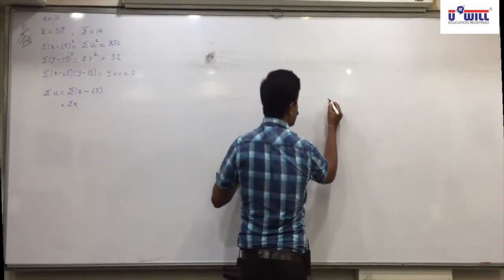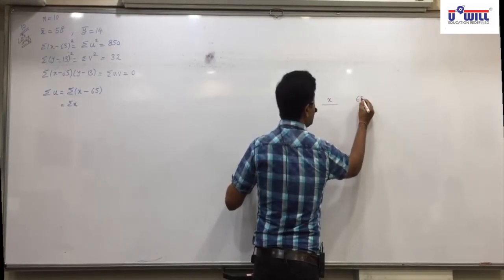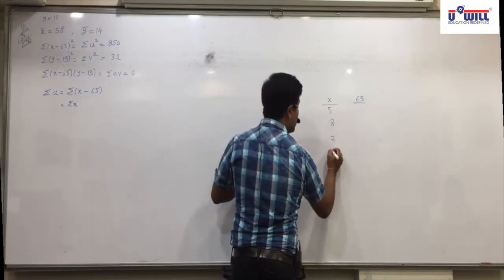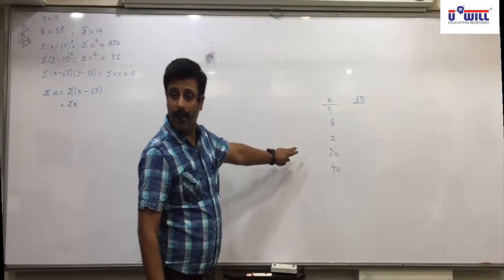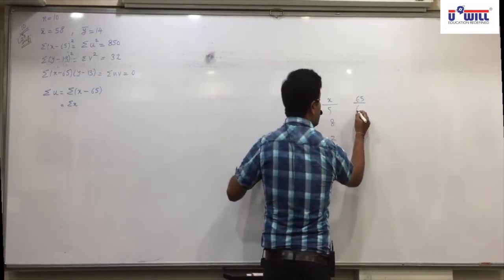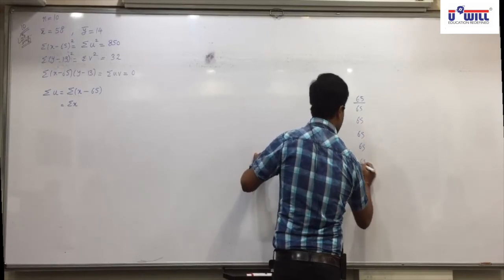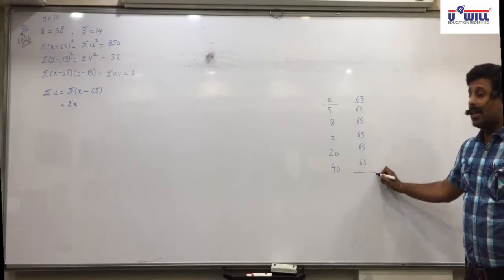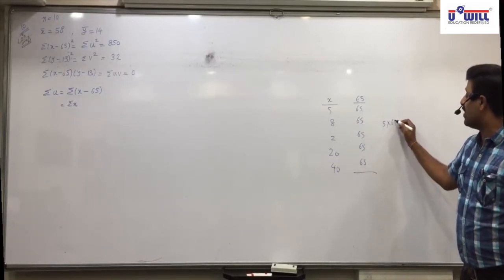Suppose I write it here: x and 65. Now x changes, so x values can be 5, 8, 2, 20, 40. The x value will keep on changing. But this is a constant number, meaning all the values are going to be 65. So if I need the total of this, can I say it is 1, 2, 3, 4, 5, so 5 into 65?